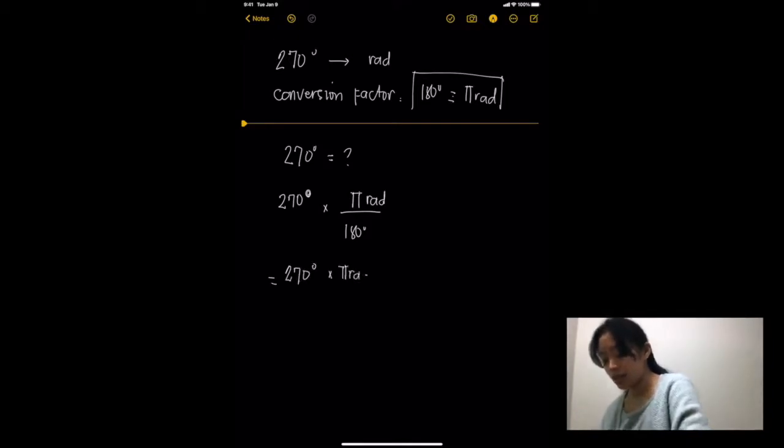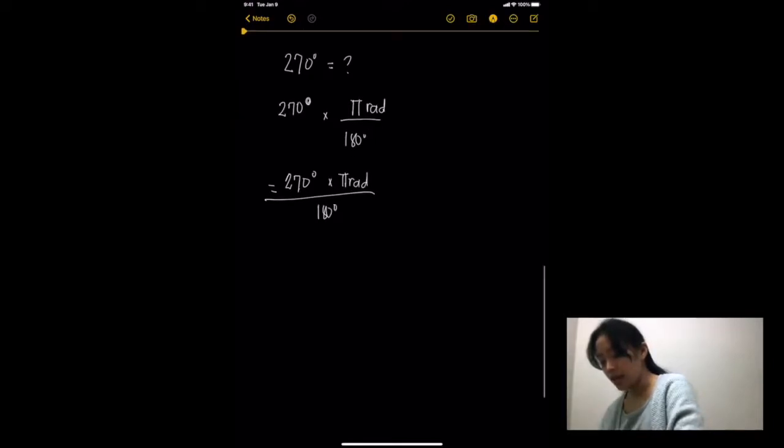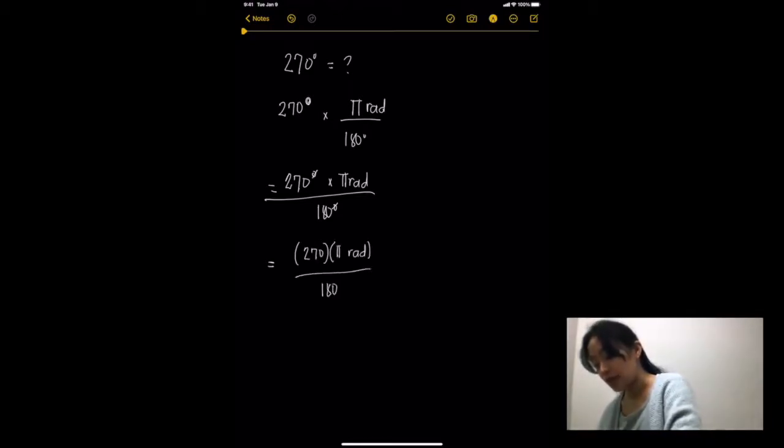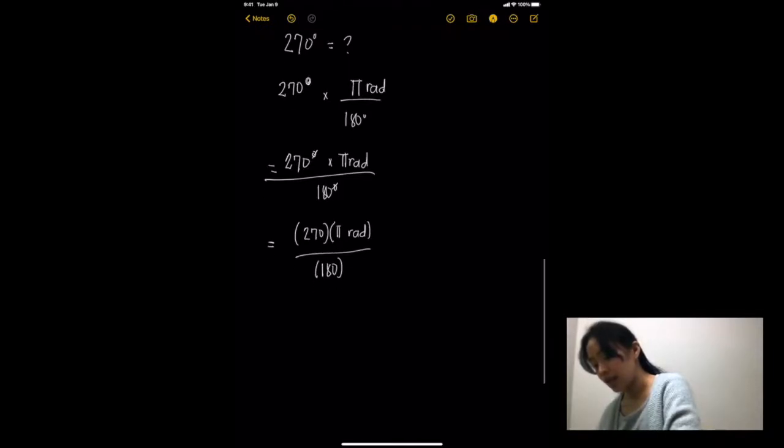So this is just equal to 270 degrees times pi radians all over 180 degrees. Simplify: the degree can be cancelled because I can see it both in the numerator and denominator. So I would have 270 times pi radians all over 180.